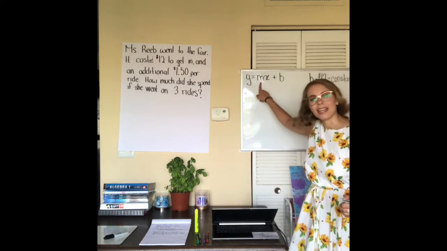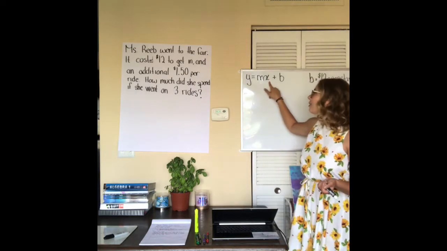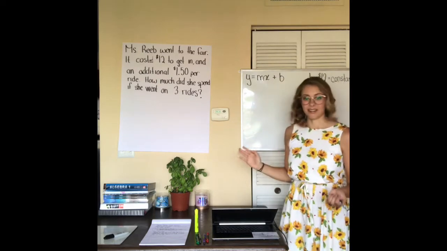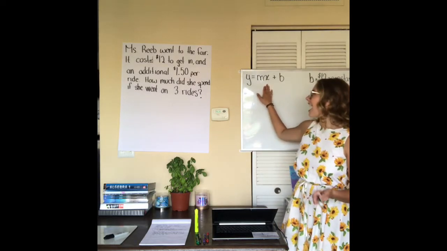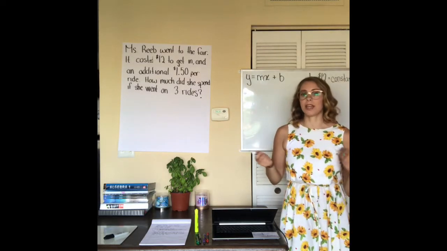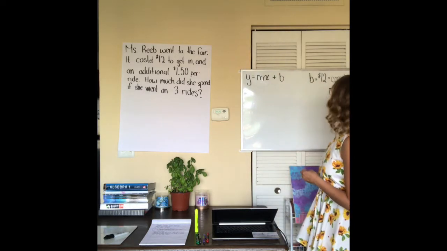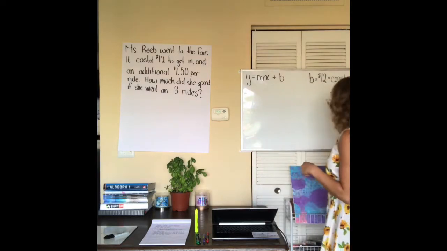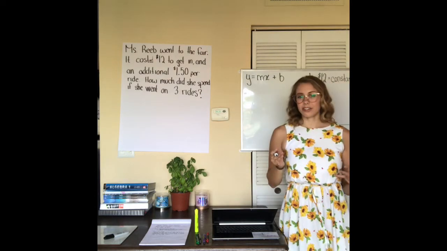So this m in y equals mx plus b is related to the x. I need to figure out, first of all, what does the x stand for? And second of all, what part is related to the x? To get that, I'm going to use my units. I know that my b is my initial cost, so that means that our y values are going to have to do with money.